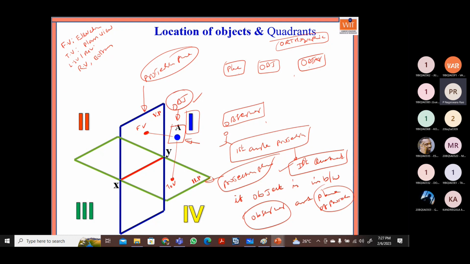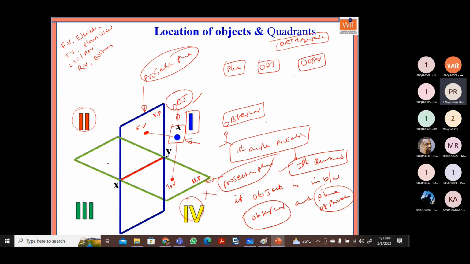Next, I'm not discussing second angle projection. Third angle projection we will discuss because of its importance. Second angle projection we are not going to discuss, and fourth angle projection also we are not discussing.